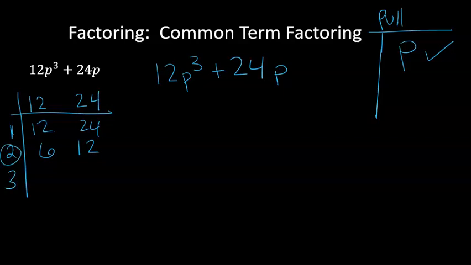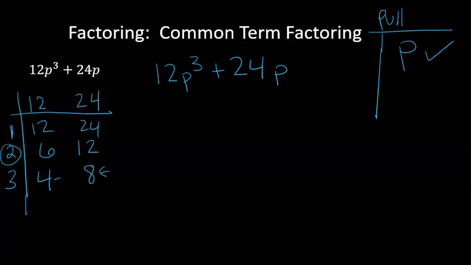I can simplify it further. So maybe if I pull out a 3, I can get a 4, you know? Well, 4 times 3 gives me 12. And then if I did 3, what can I get? Maybe like an 8. 3 times 8 gives me 24. But I could still keep pulling more things out.